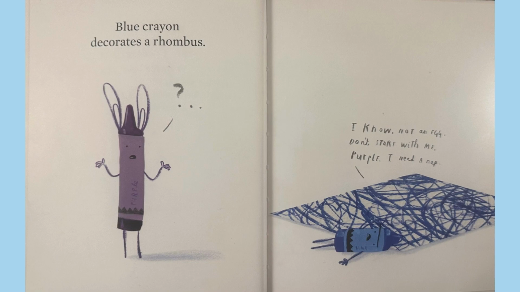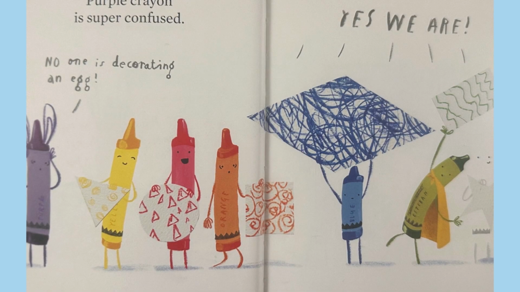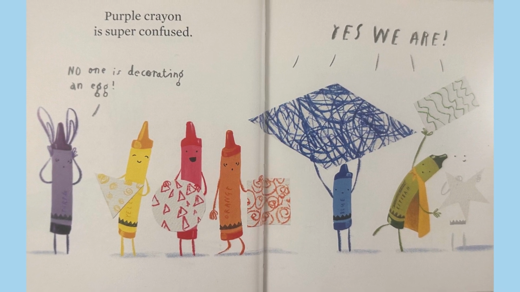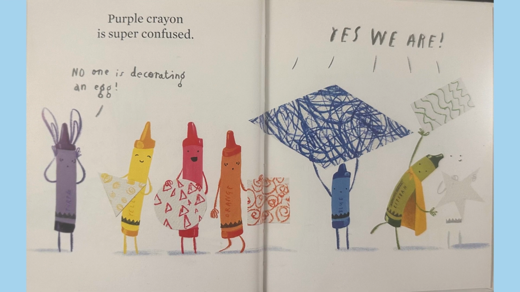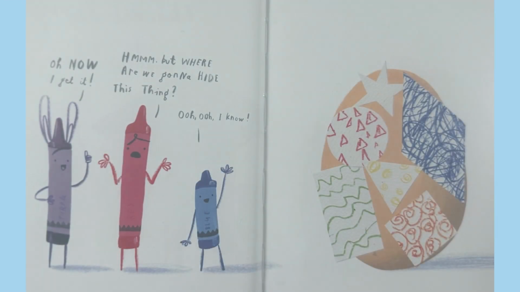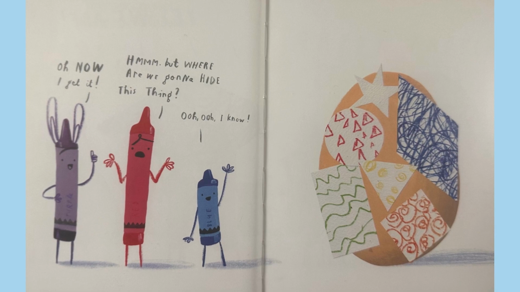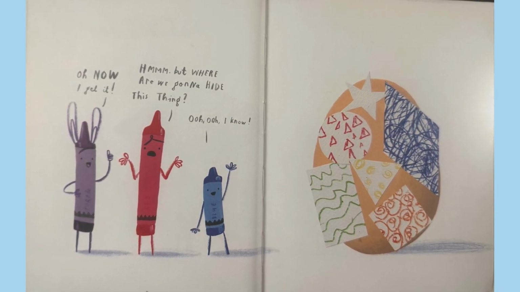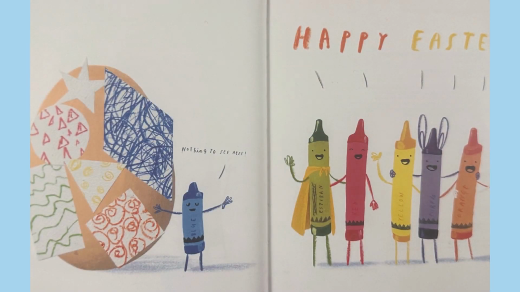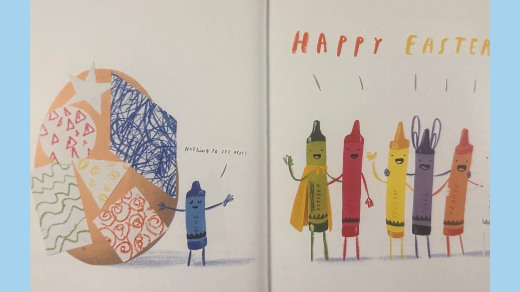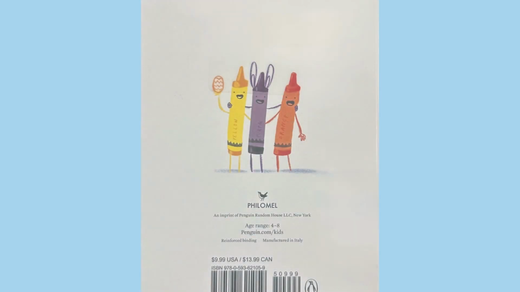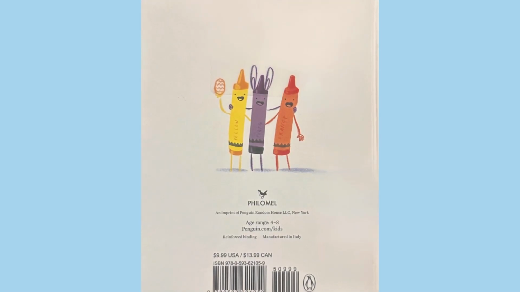I need a nap. Purple crayon is super confused. No one is decorating an egg. Yes, we are. Oh, now I get it. But where are we going to hide this thing? Oh, I know. Nothing to see here. Happy Easter. The end.